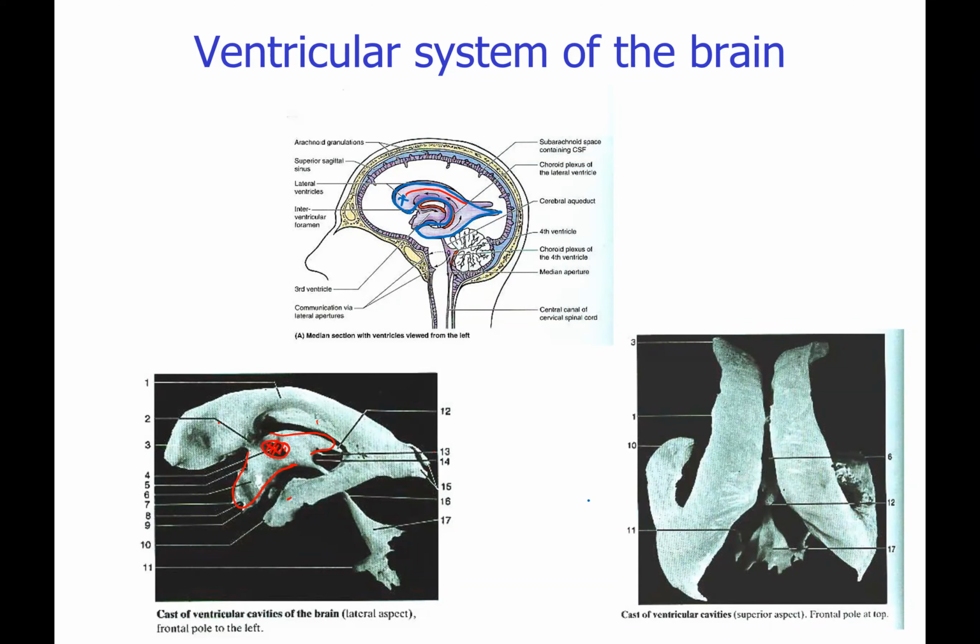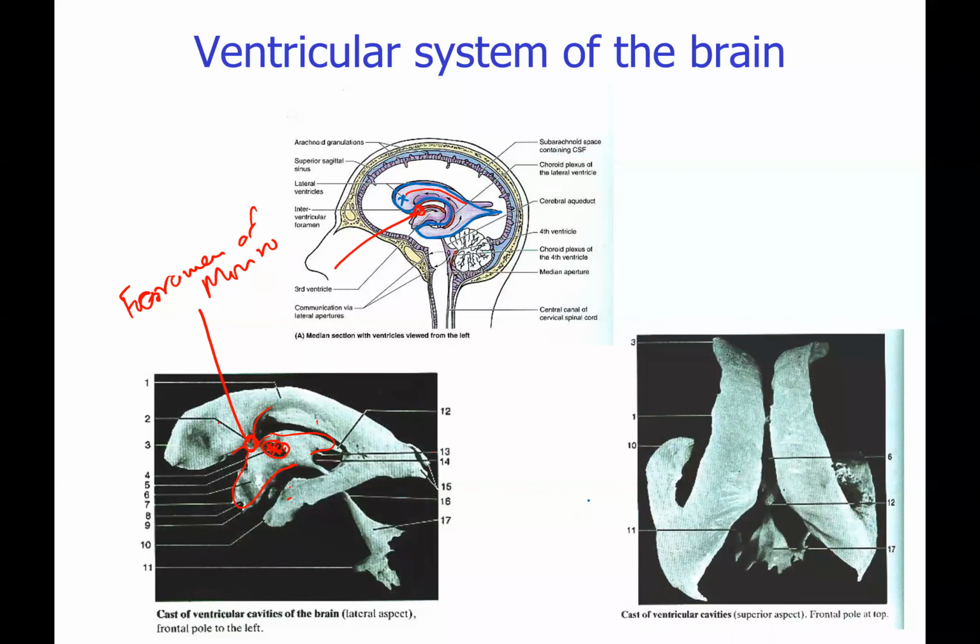And you can also see that the lateral ventricles as well as the third ventricle are connected to each other by a foramen here. You can see it here also. You call it the foramen of Monro. The foramen of Monro connects the lateral ventricles to the third ventricle and to each other.